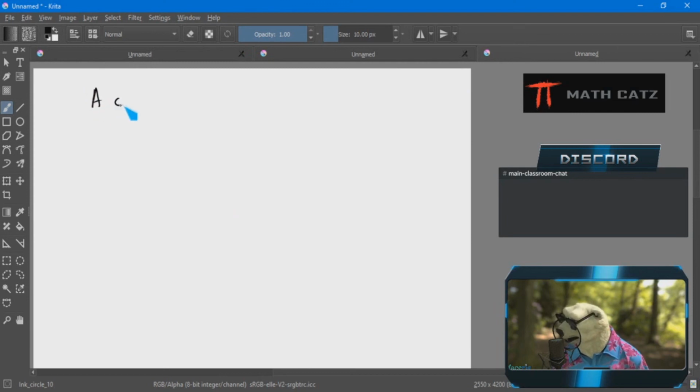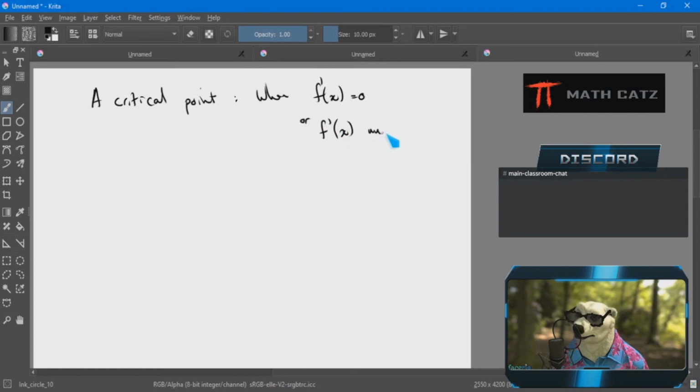A critical point, I won't be too fancy with this definition, is going to be when my derivative is equal to 0 or my derivative is undefined.